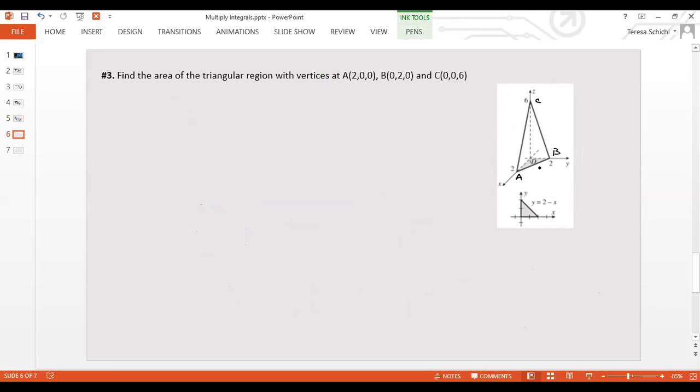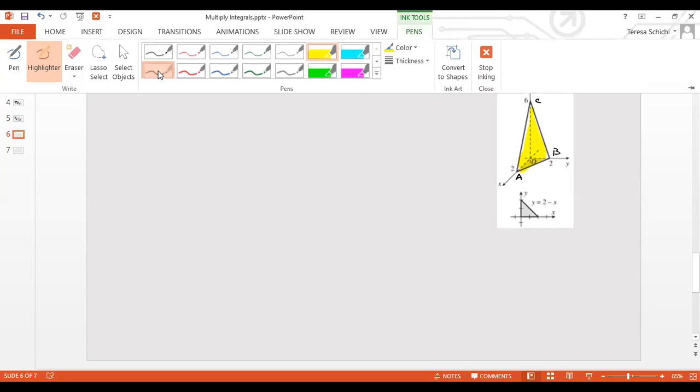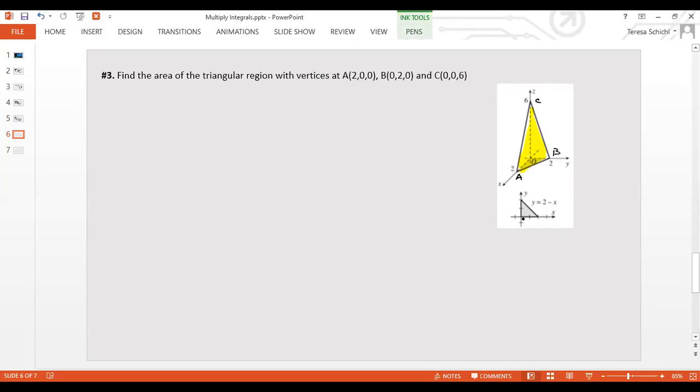So you tell me to find the area of this triangle sitting in R3. In order to use the formula, I need to know the equation of this plane, and then I can do the partial x, partial y here.